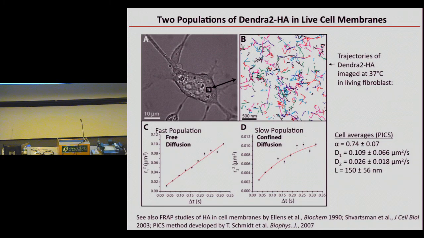So this is close to the diffusion coefficient published by FRAP, and then FRAP observed an immobile fraction, whereas we actually see these guys moving, but they're just moving very slowly. And they're confined on a length scale of about 100 to 200 nanometers. So the ability to look at the individual molecules allowed us to discover these two different populations, which would be generally averaged out in an ensemble method.